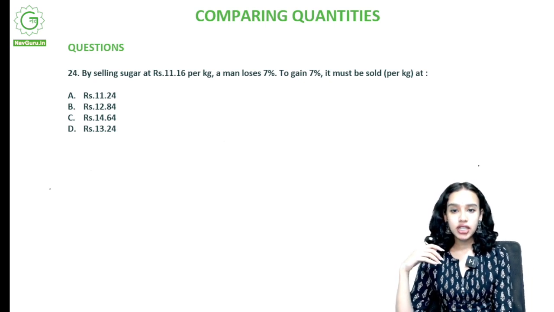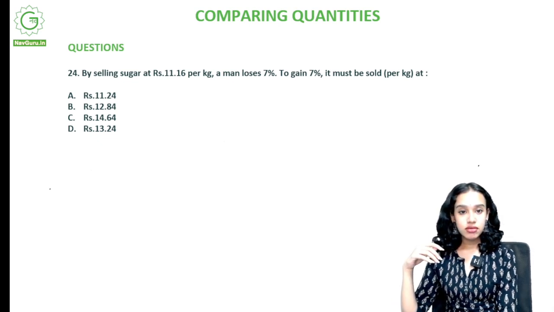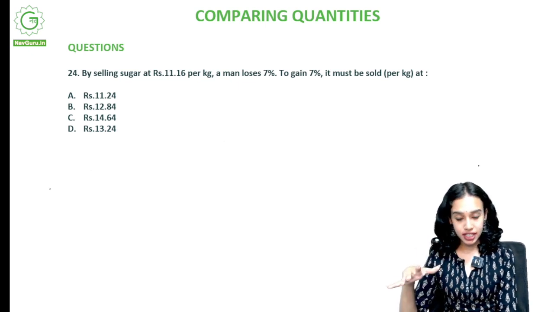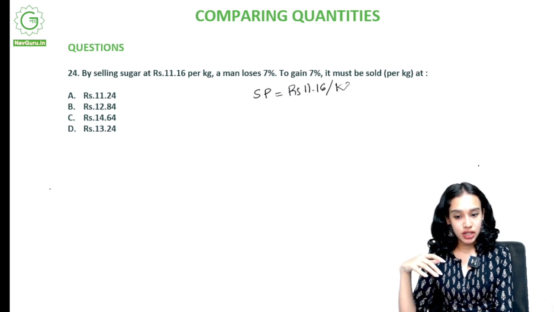By selling sugar at rupees 11.16 per kg, a man loses 7%. To gain 7%, it must be sold per kg at. So we have the selling price at rupees 11.16 per kilogram. Now, what is the loss percent here? Loss percent is 7%.